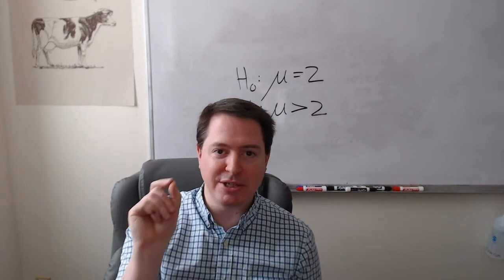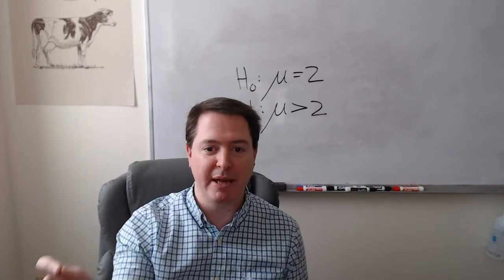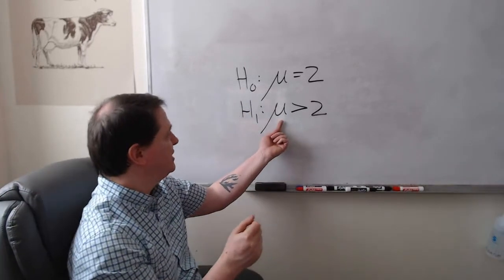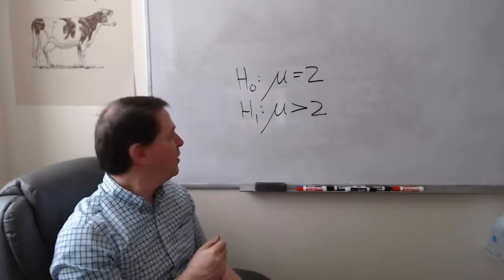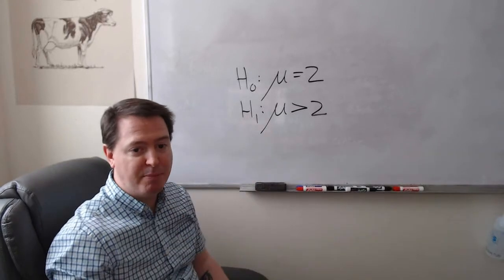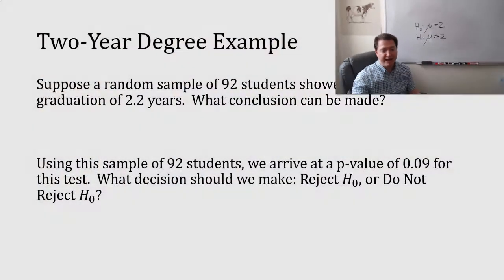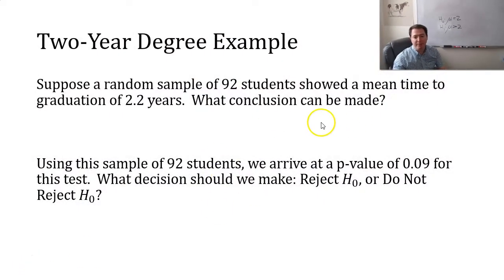But when I use this single point value of 2.2 to make my decision, oh, well, 2.2 is more than 2. Well, 2.2 is not the population mean. It's my sample mean. I should make no conclusion at all from that. So the answer to what conclusion can be made from this: nothing. All right?